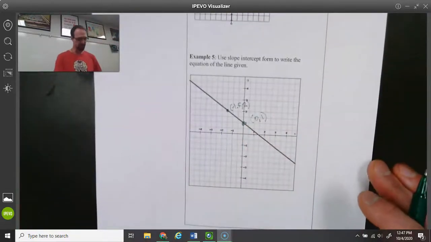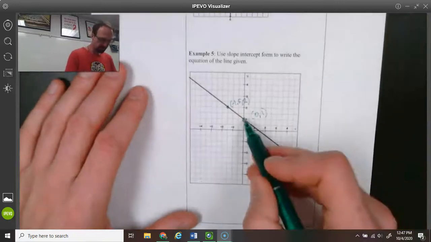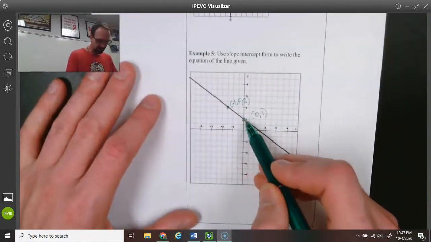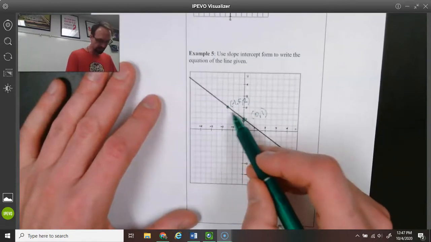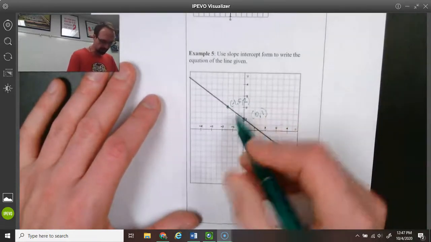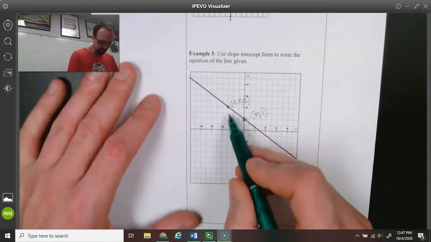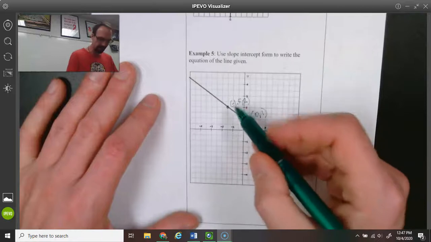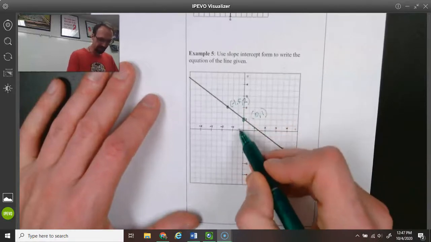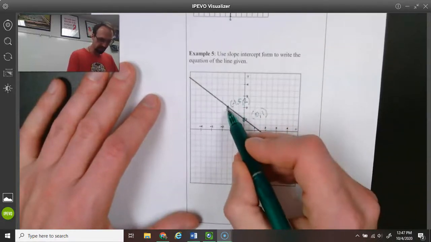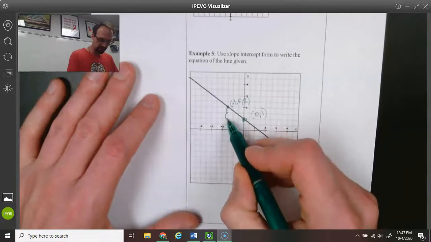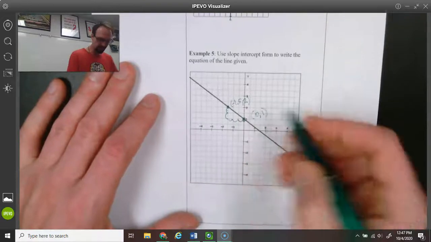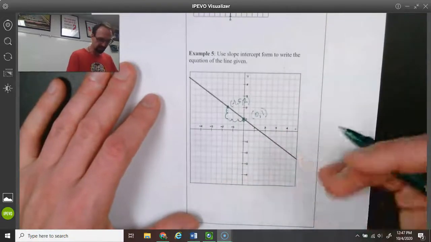Use slope-intercept form to write the equation of the line given. So if I think about the slope, going from 2 over, I'm going down 1 from 2 to 1, and then over 1.5. Another way of viewing that, because the graph is 1 to 1, I'm going down 2 and to the right 3.